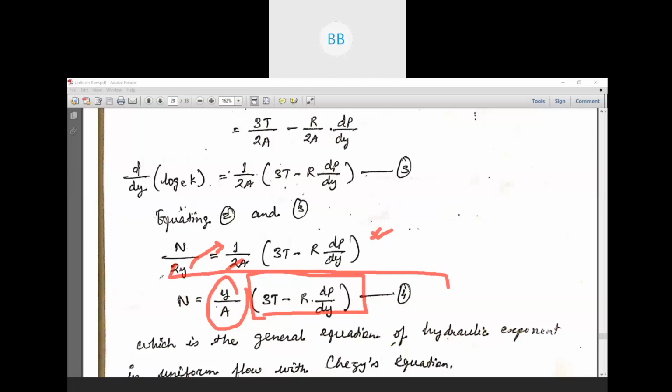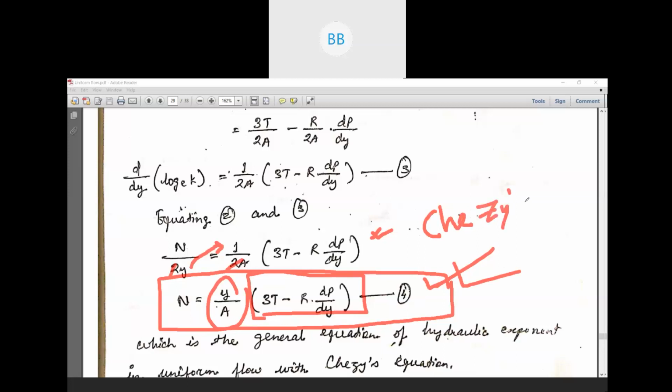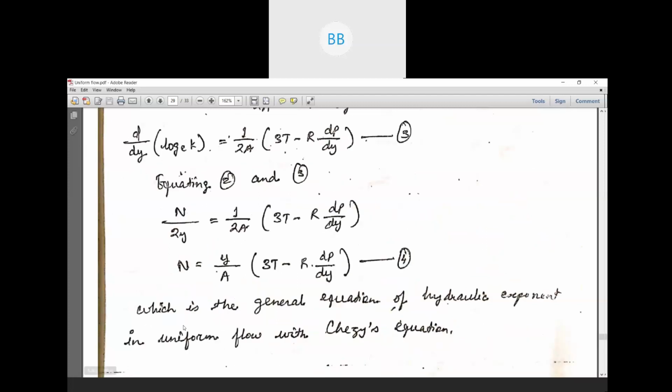So this is the expression for N, the hydraulic exponent, for computation of uniform flow using Chezy's equation. You can write this line after that equation 4, which is the general equation of hydraulic exponent in uniform flow with Chezy's equation.